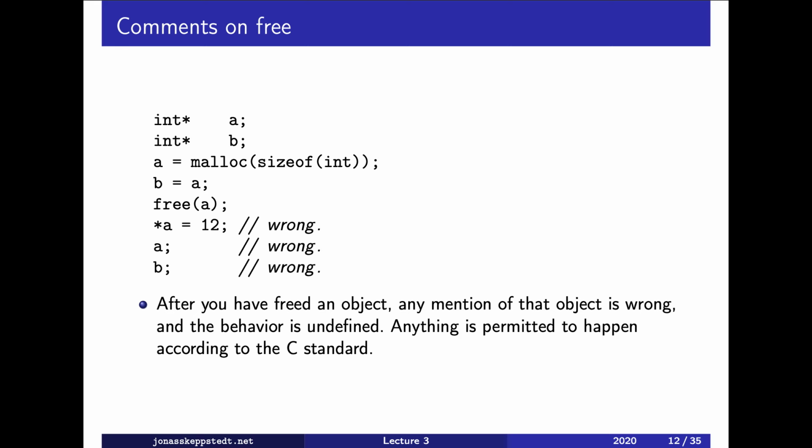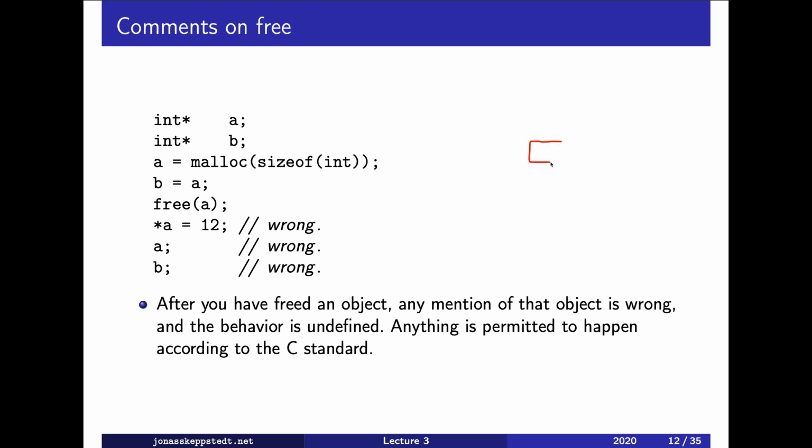Remark about free. Say we have two pointers, a and b, and we let a point to data for this int, and we say that b should point to the same. Then we can free a, that's fine, and nothing special happens, except that both a and b become invalid after this, since the data no longer exists.